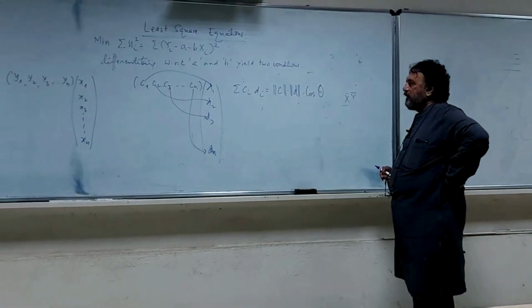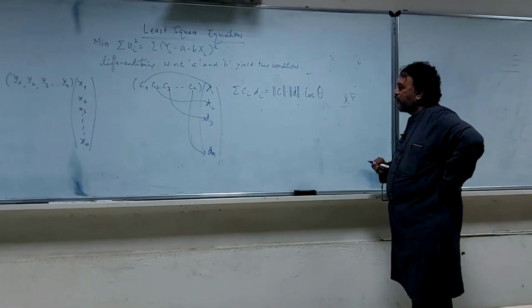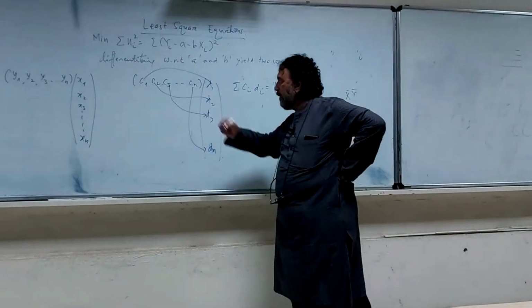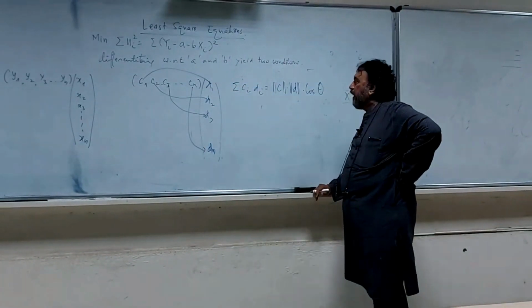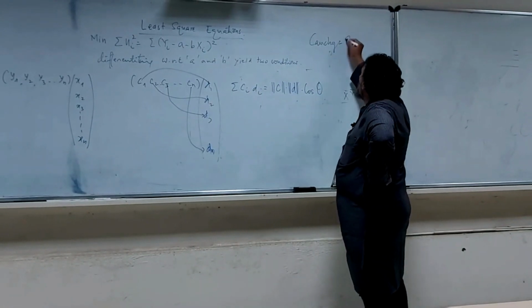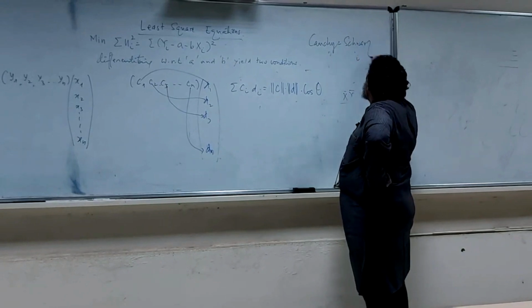Please try to understand this definition. There is a lot of beautiful mathematics associated with this. In fact, this is also the formulation which will take you to prove a famous theorem called the Cauchy-Schwarz inequality.